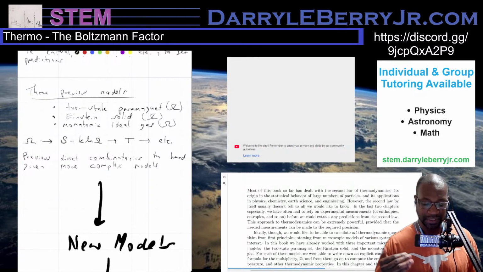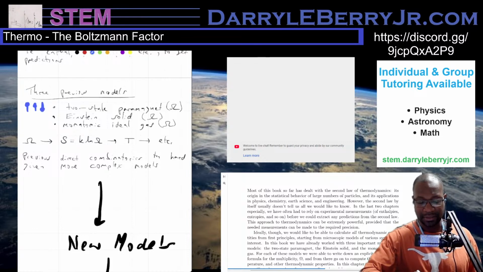We also talked about models in the past as far as how we can apply thermodynamics to different systems, like a two-state paramagnet, which is basically a system of particles that have either an up or down inclination as far as their magnetism. They could either be aligned with a magnetic field or anti-aligned. The Einstein solid, in which we sort of treated a solid as a collection of oscillators of the same type.